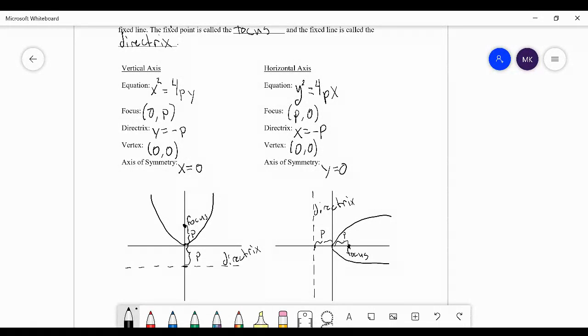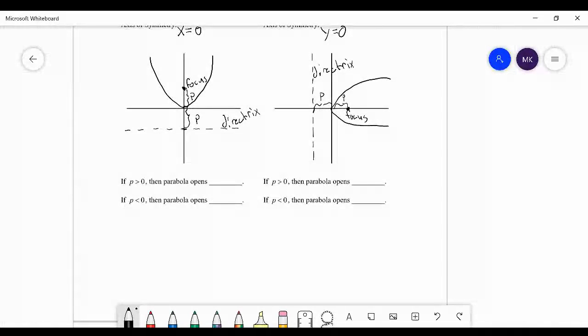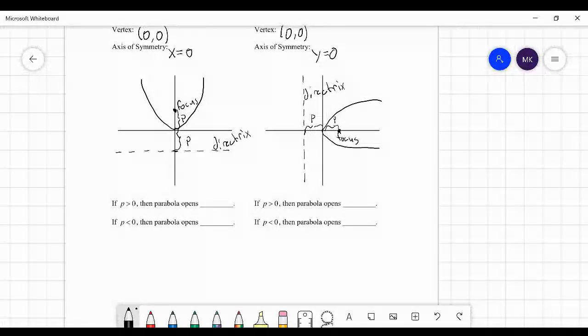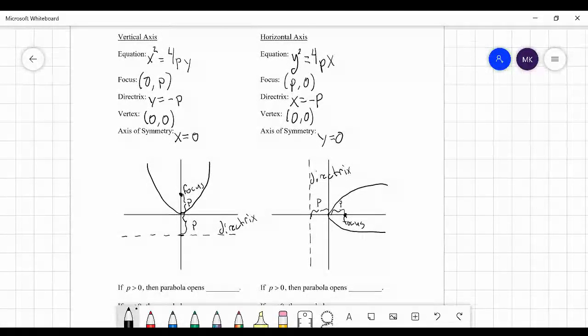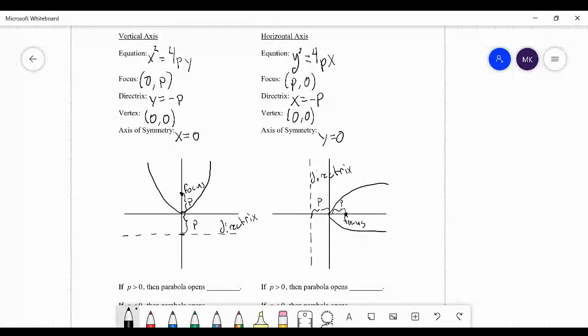Okay. Now what's really cool is we can identify these. If we identify whether we're dealing with a vertical axis of symmetry or horizontal axis of symmetry, which from the equation comes down to which variable is being squared. In this vertical axis version, x is the variable being squared.